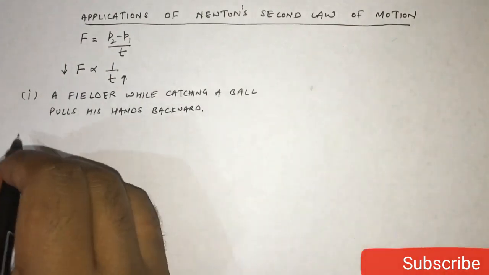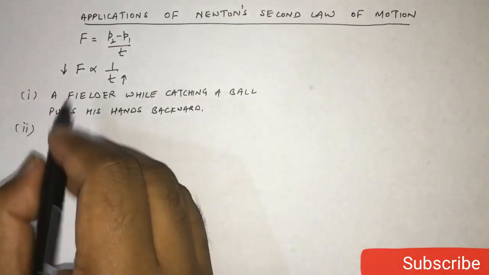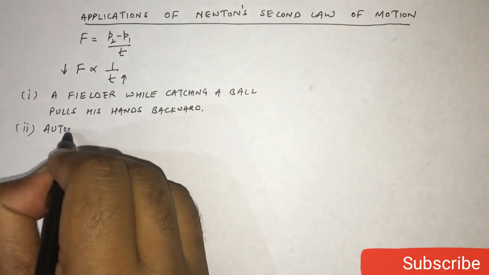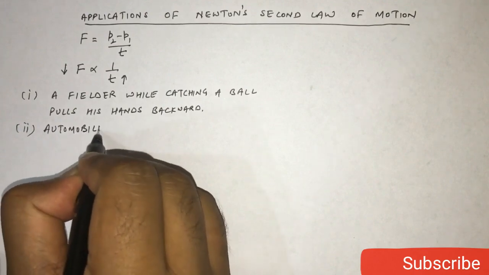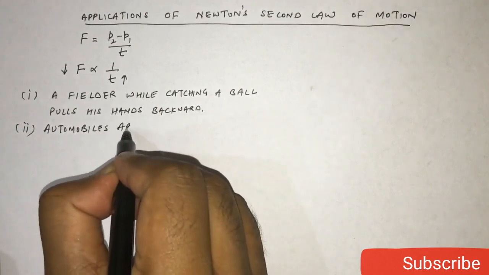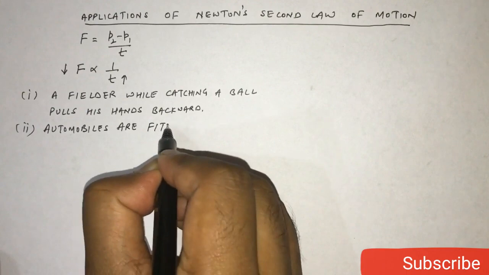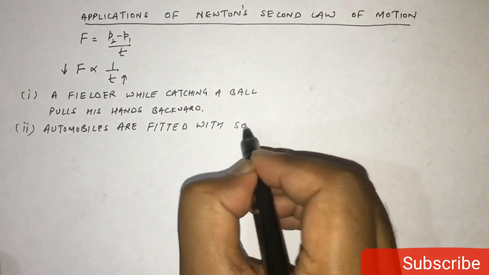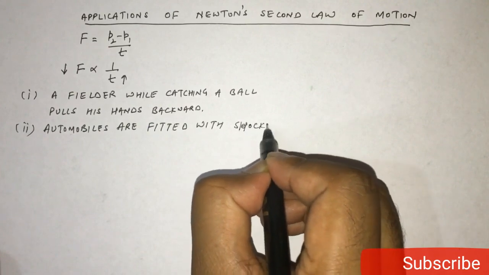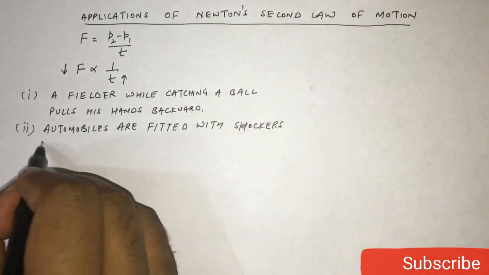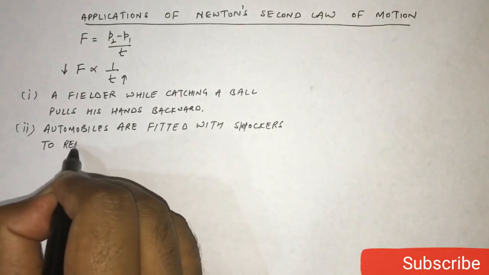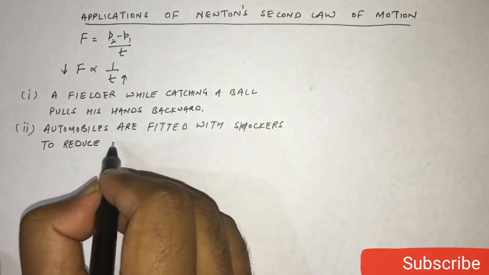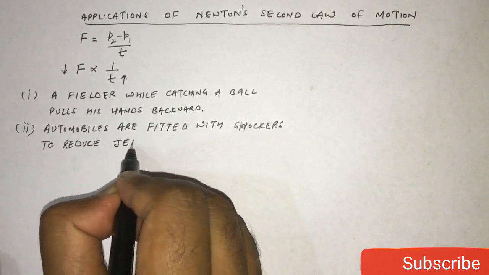Now the second application is automobiles are fitted with shockers to reduce jerks.